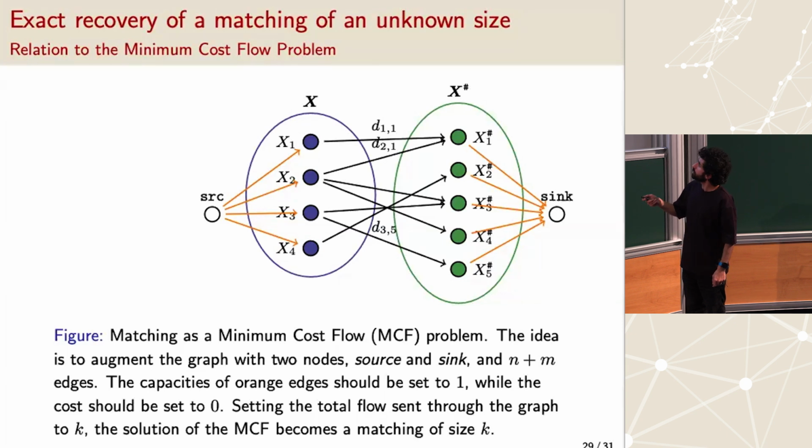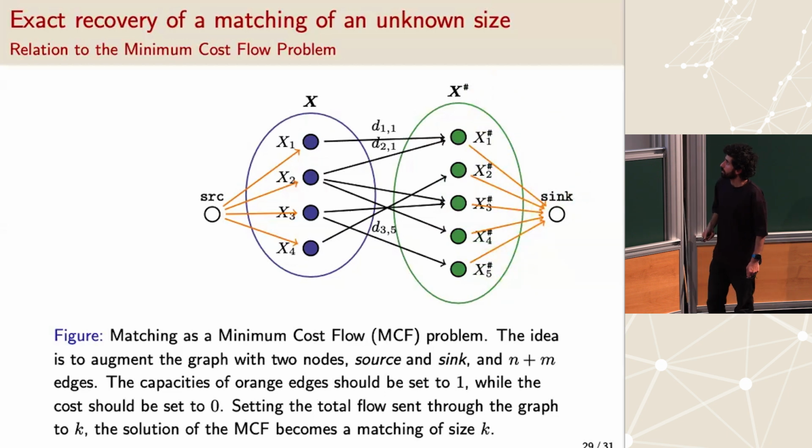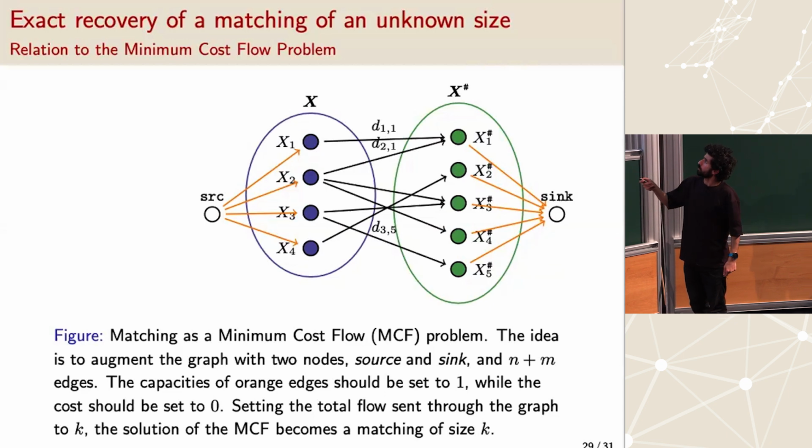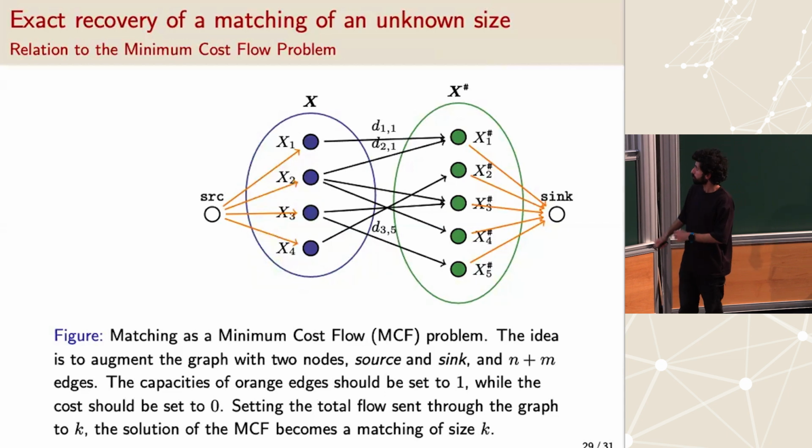We add all the edges from source to the first set and all the edges from the second set to sink. The cost of passing flow from source to the first set, all the orange edges, is equal to 0.